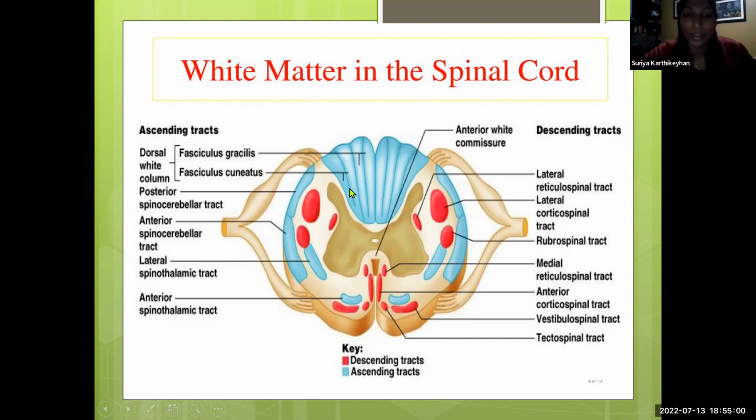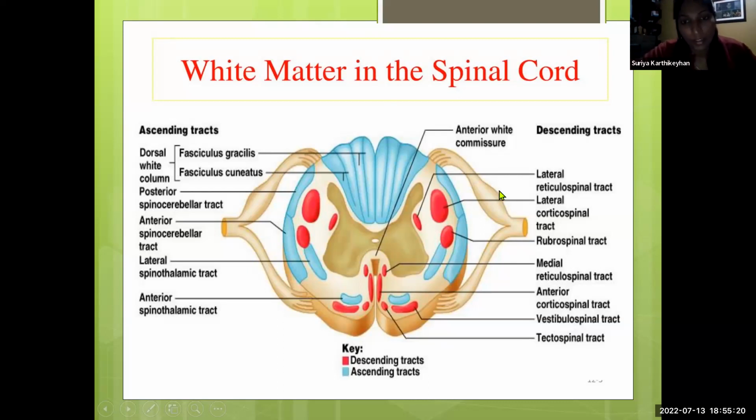These ascending tracts carry information up to the cerebral cortex level. From the periphery it reaches the spinal cord area, and from here these tracts ascend and reach the cerebral cortex, the primary sensory area.